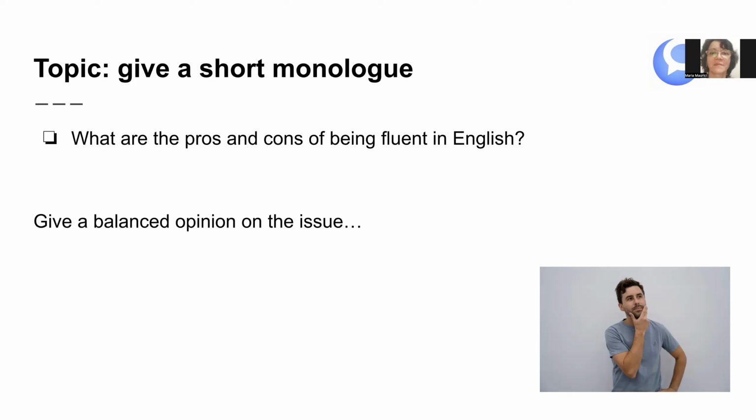But on the flip side, the disadvantages could be that other languages are under-evaluated. People can reduce the importance of the other languages, and this is detrimental to them.